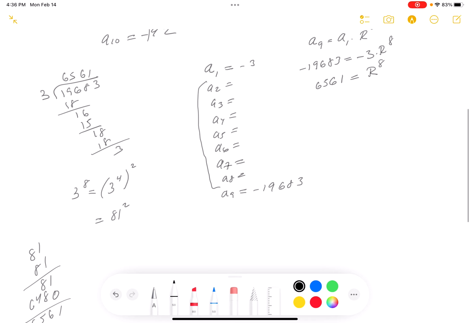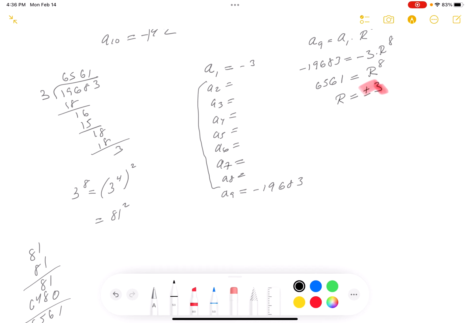All right? So that's not bad. So what do I know now r is? And let's not make a mistake over here. It's plus or minus 3. All right, so someone says, I wonder what the next term is going to be. Well, you got 2 different possibilities over here. But if you started at -3, and let's say we were multiplying by a positive number, 3, I'll write this down. I don't like writing it down, but I write it down.